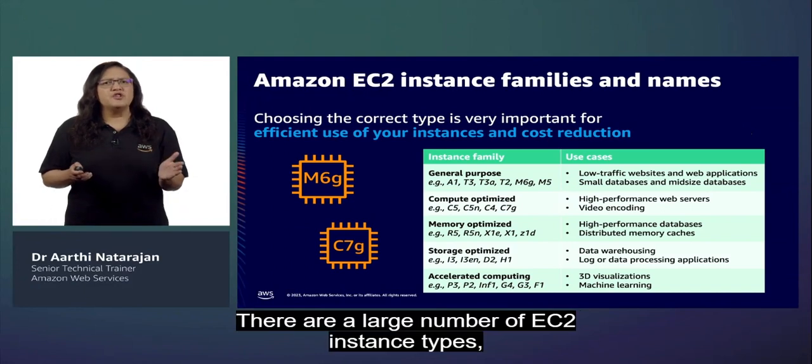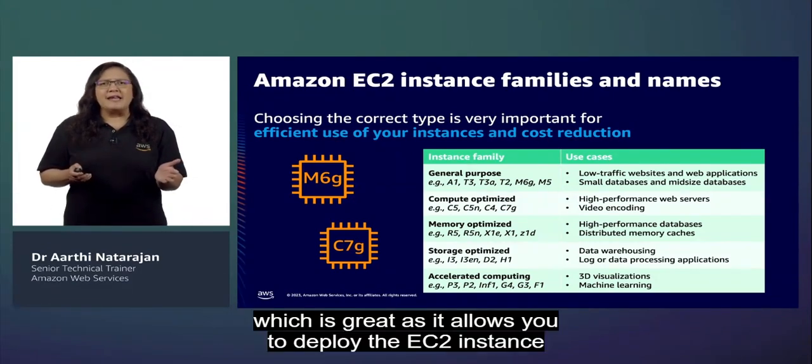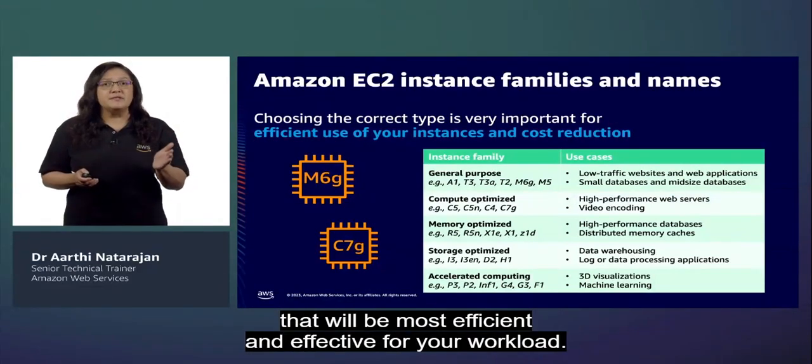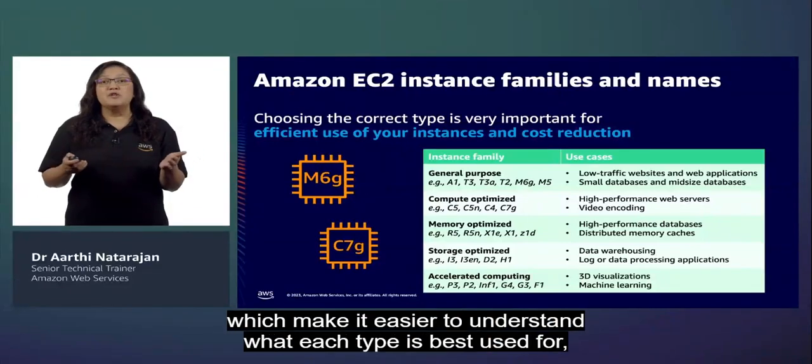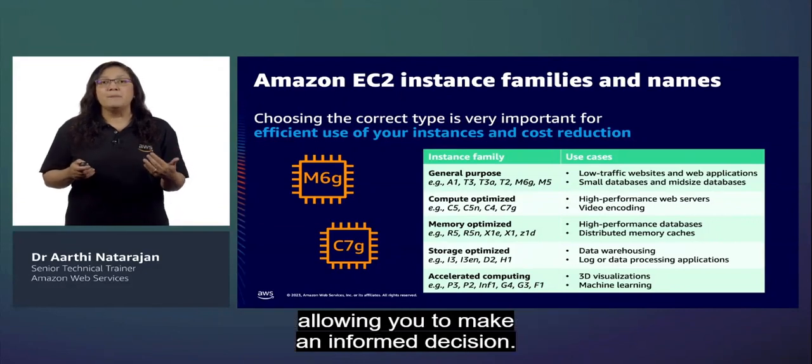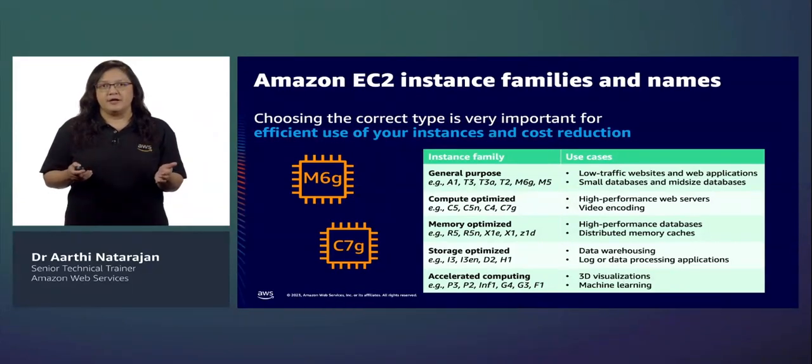There are a large number of EC2 instance types, which is great as it allows you to deploy the EC2 instance that will be most efficient and effective for your workload. The instance types are grouped into instance families, which make it easier to understand what each type is best used for, allowing you to make an informed decision.